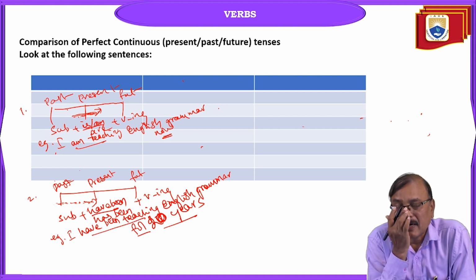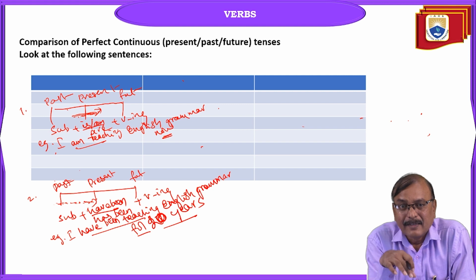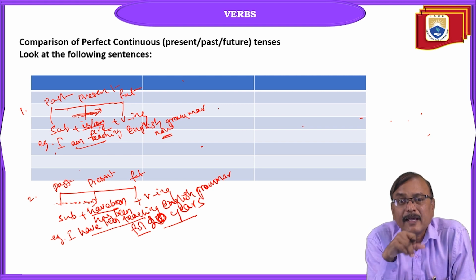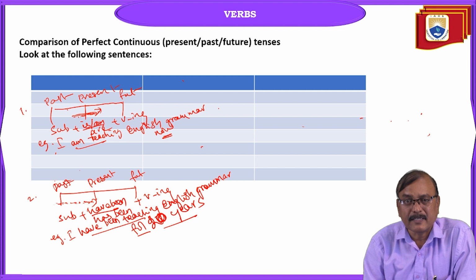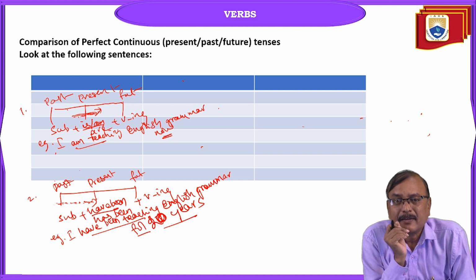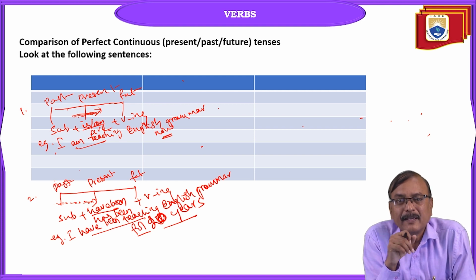So in the exam also, this will come in competitive examinations, in the errors. Don't use the present continuous tense for perfect continuous tenses. Here I often see people saying, he is suffering from fever for 4 days.